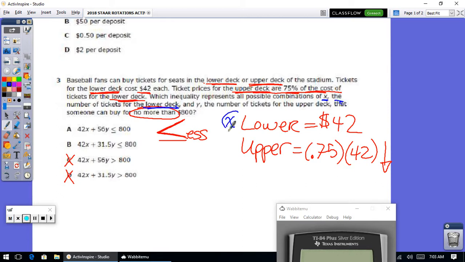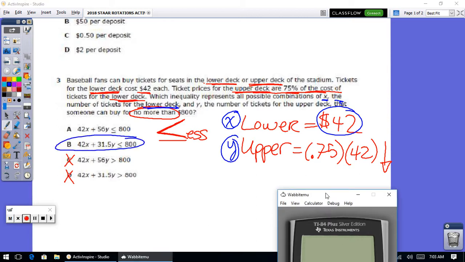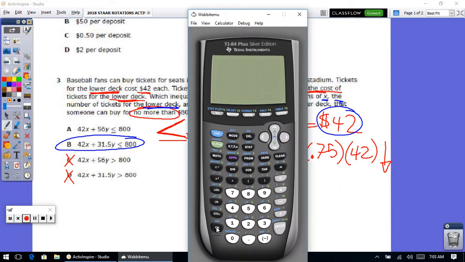So x represents the lower deck. I already know that this y has to be a lower price, so my answer is B. Now, you could actually take your calculator here and do 42 times 0.75, and you can confirm that the price of the upper deck tickets are $31.50.